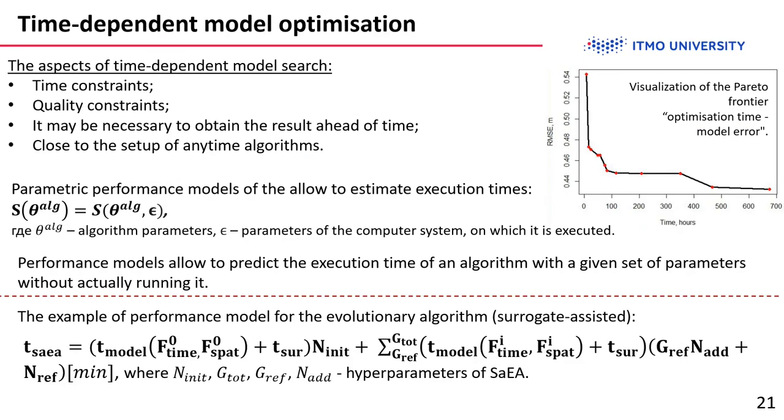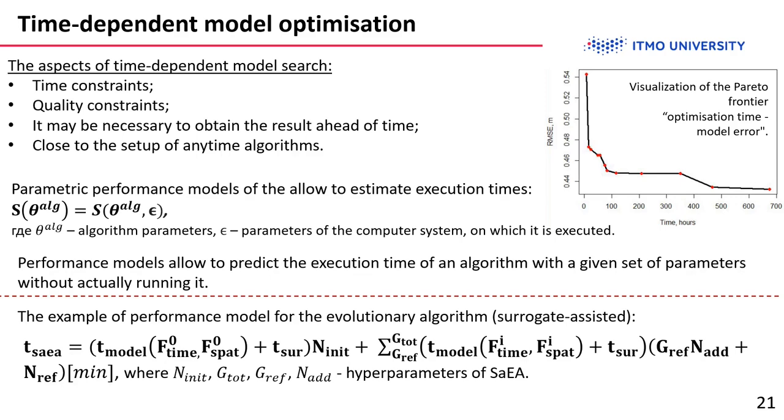The performance problem is a really crucial point for composite model analysis and identification. If we want to make these processes more predictable and interpretable, the performance model can be used to achieve a better result of optimization for specific time constraints. As a conceptual example of the dependence of model quality on the time of optimization, the Pareto frontier of optimization time and model error is presented.